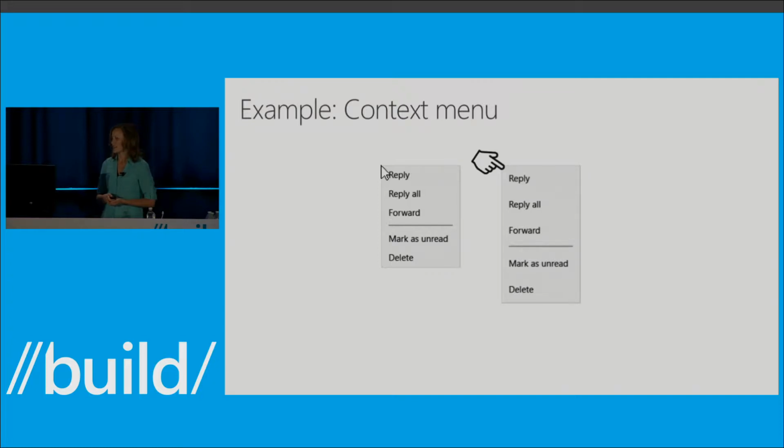And when that context menu opens, you'll see that the items listed are at a density level appropriate for mouse interaction, so the items are a little tighter. What you see on the right is that same context menu running on the same exact device, but when invoked via touch, same menu items appear, but they're much more spaced out. So this is all handled for you.